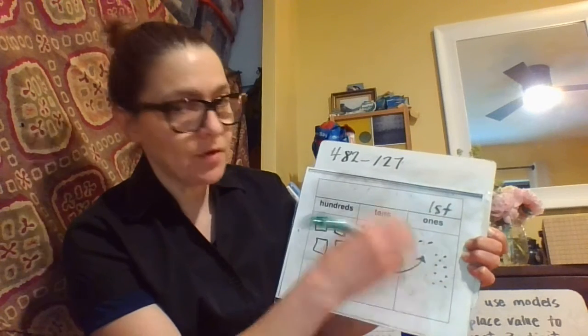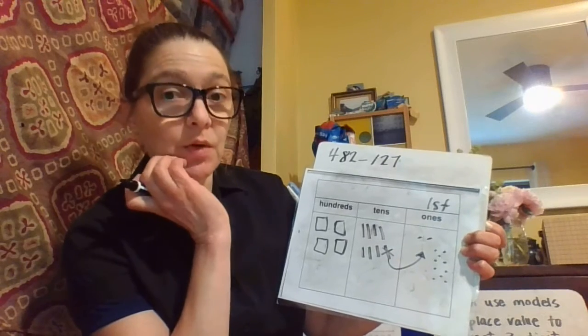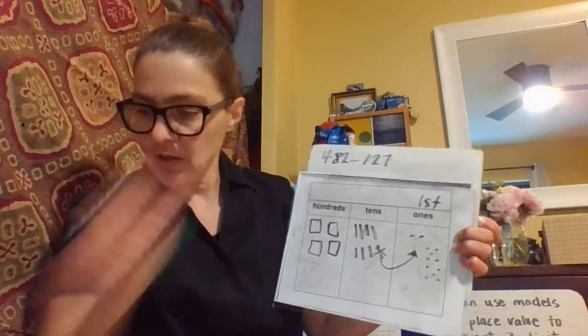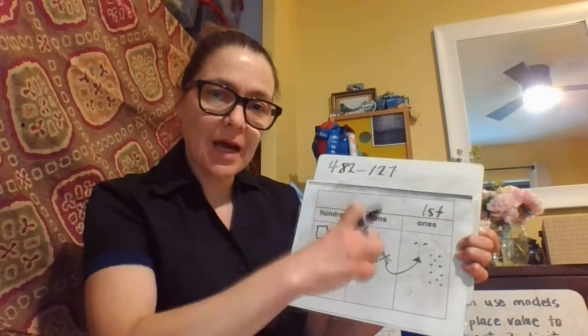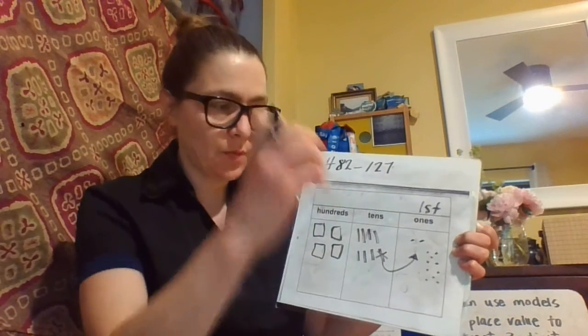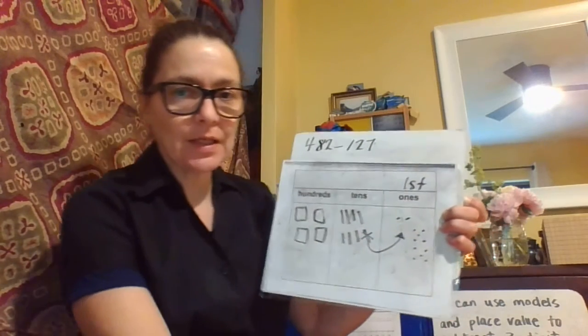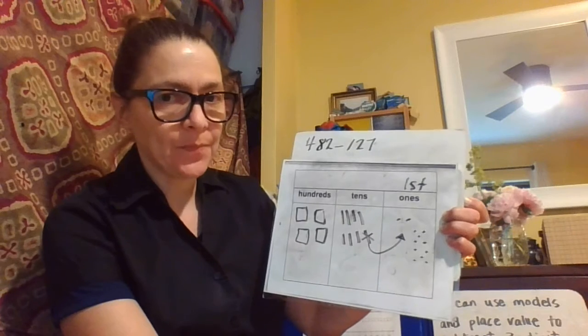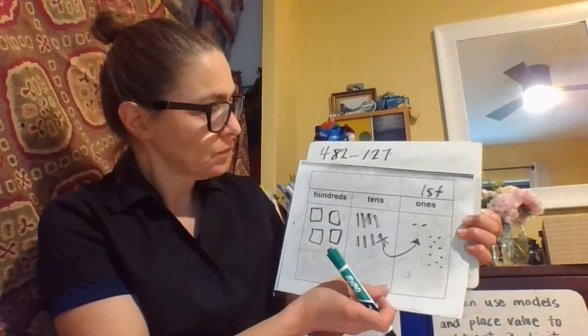And once you move it in there, you need to cross off the 1 in the tens column, the 10 that you moved over. Just like when you make an exchange with the bag, you put the ones back into the bag and pull out the 10, or you put the 10 back into the bag when you pull out the 1. So you keep things all nice and neat, and you don't forget at this point in time while you're still learning how to do this.